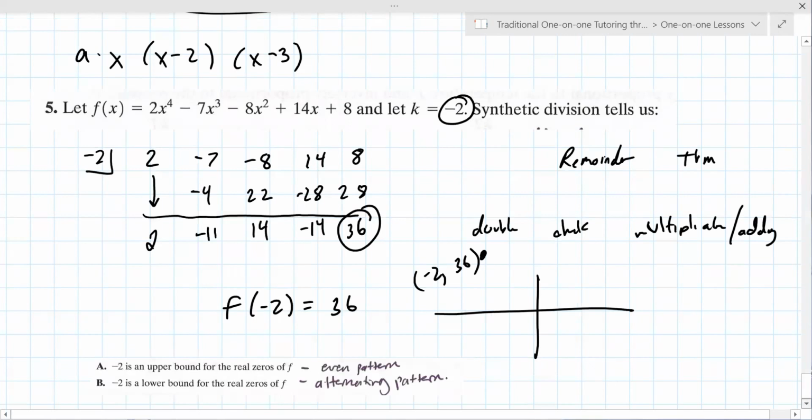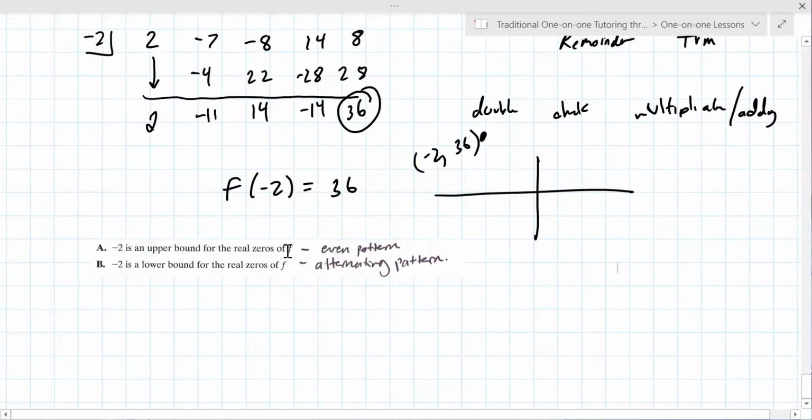It says that -2 is an upper bound for the real zeros if there's an even pattern, and it's a lower bound if it's an alternating pattern. So I would tend to say that this is an alternating pattern, and so I would believe that B is correct.